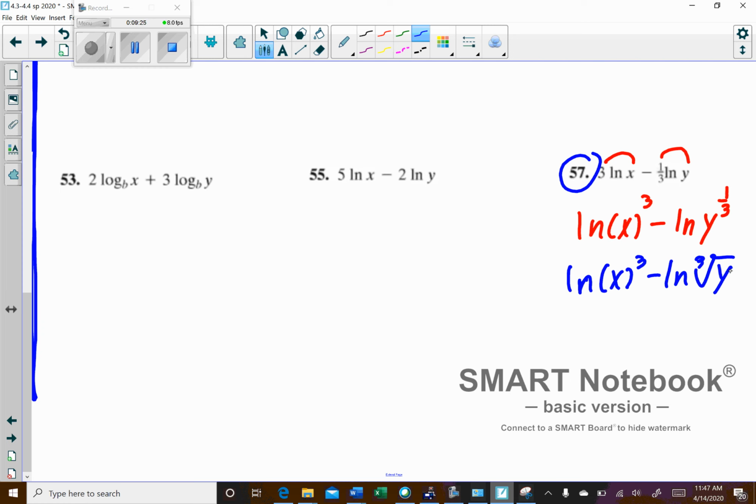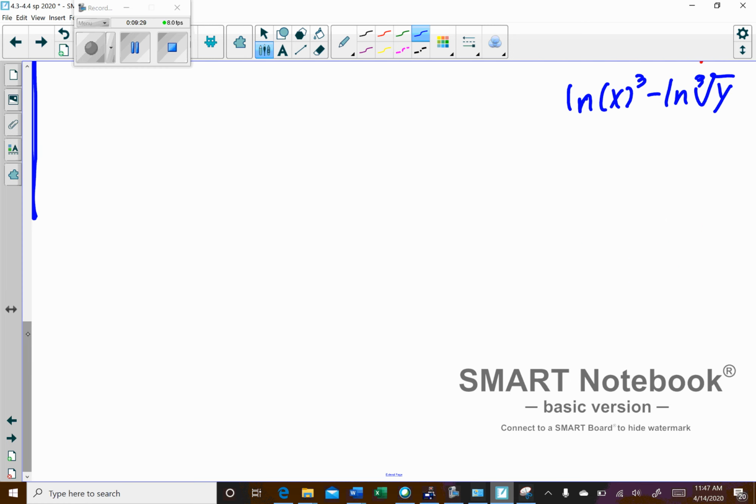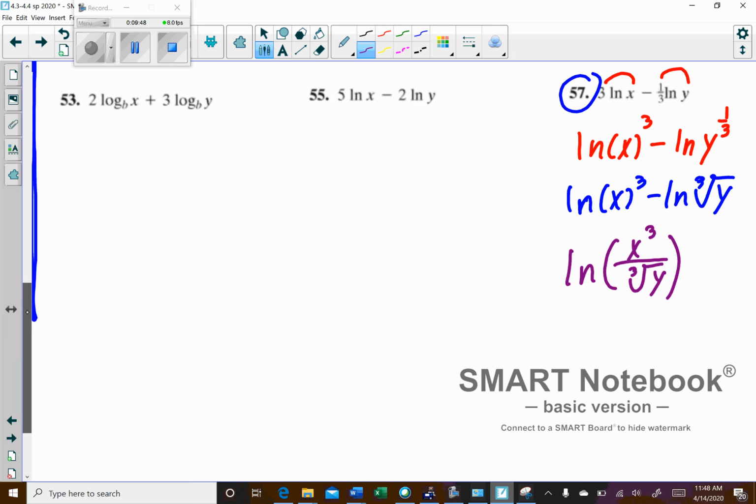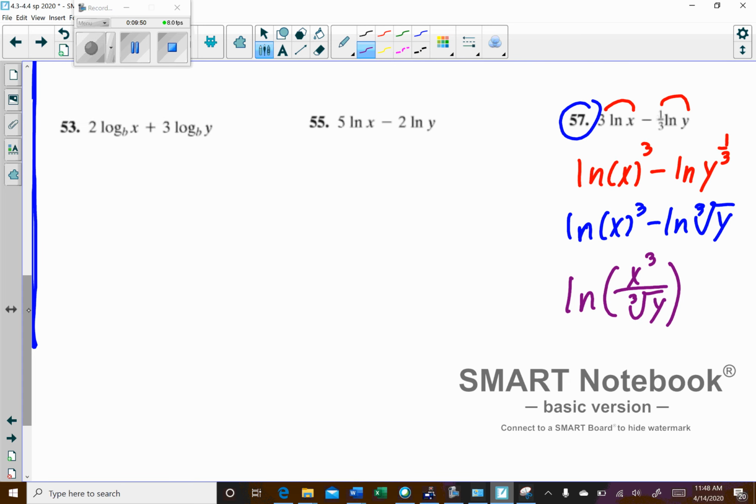And then the last thing we'll do here is bring this together using the quotient rule. So we're using all the same rules, just in the opposite order. We're condensing it. So we'll have x to the 3rd on top, and we'll have the cube root of y on bottom. Okay, and that's it. That's all we're looking for on that one.